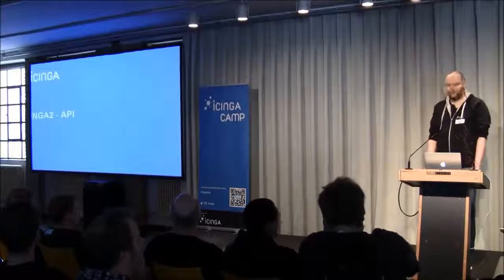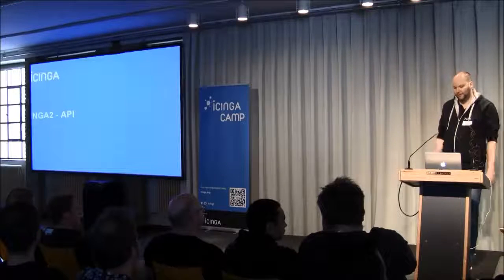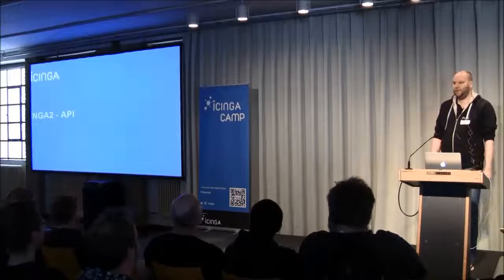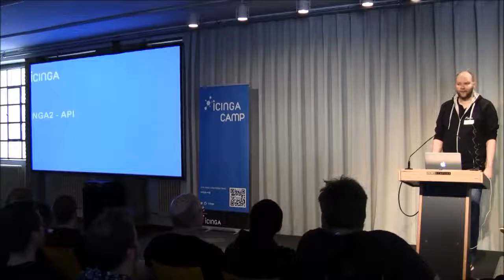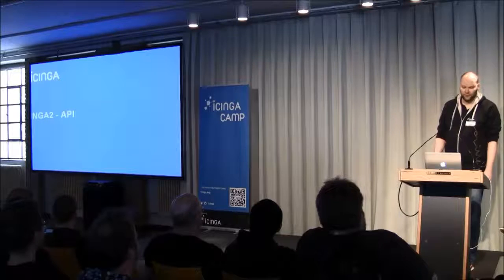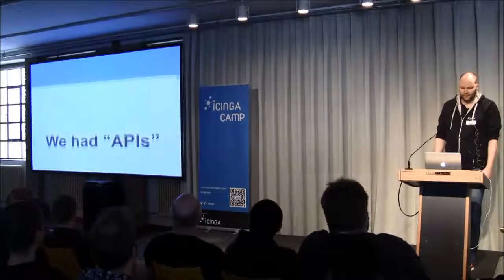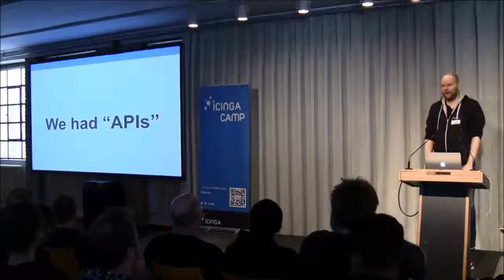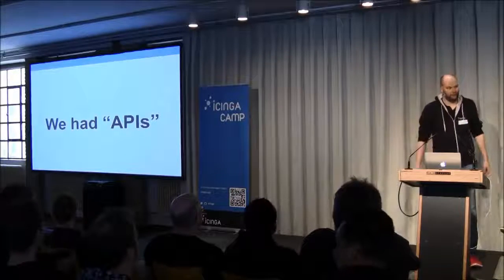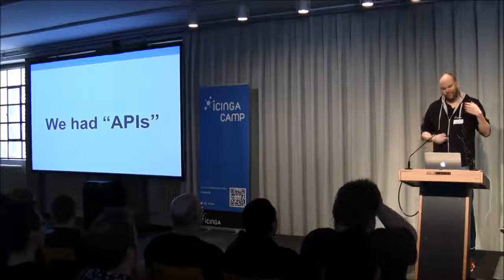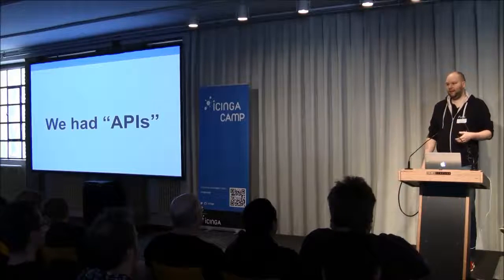But right now, I want to talk about the Icinga 2 API. This is something we developed in 2015 for, I think, 5 months for the 2.4 release. The idea was, we had several APIs: the status file, live status, the database, and everything works somehow, but there is no clean interface.